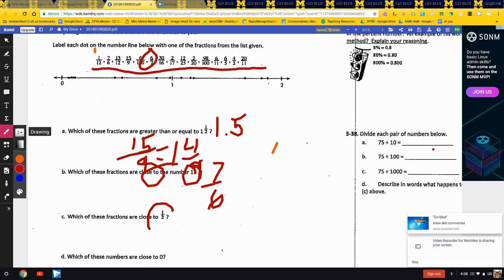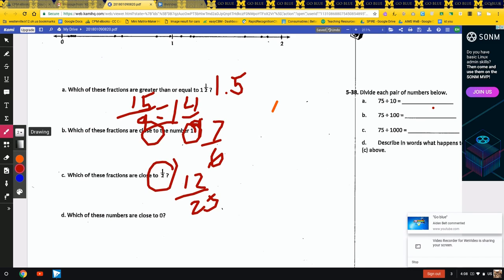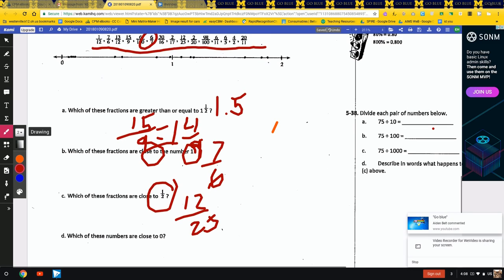Again, which fractions are close to a half? One of those is 12 over 25, because if it was a half, the denominator would have to be 24. And which ones are close to 0? Anything where the numerator is far away from the denominator, and definitely one would be 1/12. Very big difference, 2/17, and so on.